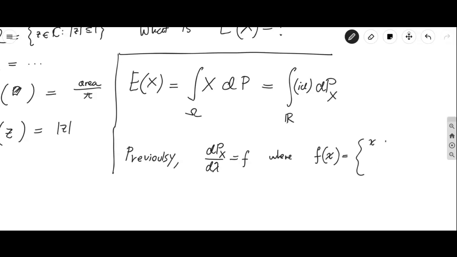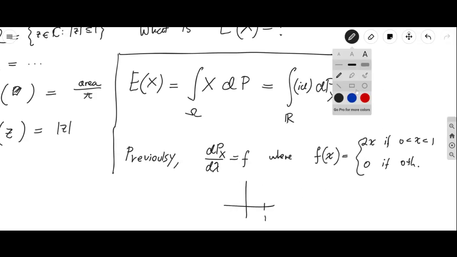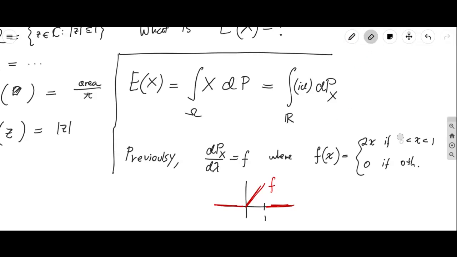It is equal to 2x if x is between 0 and 1, and 0 otherwise. So this was the function that goes like this. It's 0 over here, and it's 0 over here. We do not care about what it does at the endpoints, because when we integrate, it's not going to influence anything. So this is what we've shown previously in today's lecture, that the Radon-Nikodym derivative of this measure with respect to the Lebesgue measure is this function f.